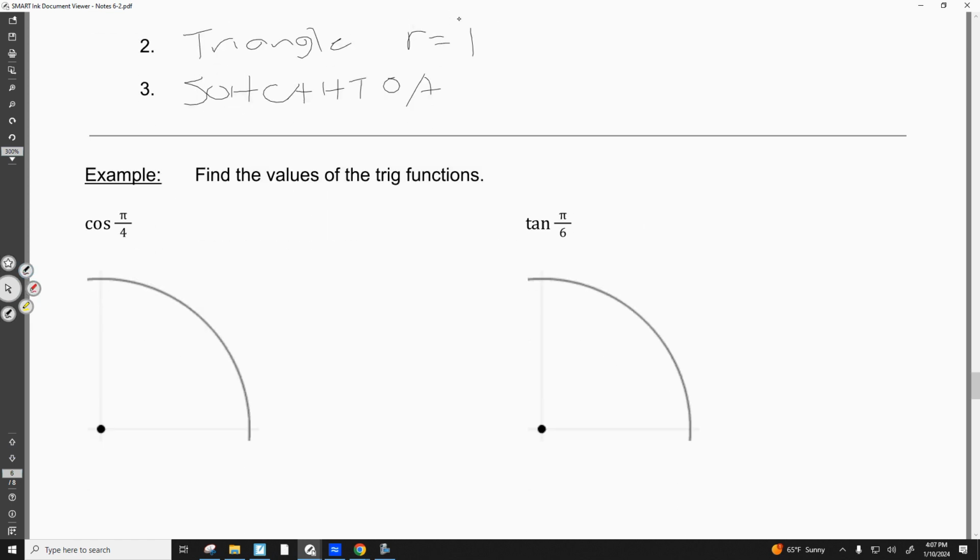What's the cosine of pi over 4? Let's do it together. Step 1, the radian pi over 4. Where is it? You've got to remember.